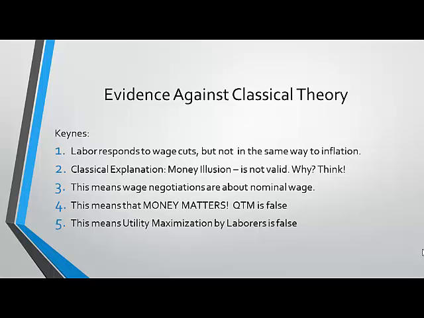If money is only proportional to price, then money doesn't matter, and this is what you have been taught, that money is neutral, and so the quantity theory of money is false in the labor market. Also, utility maximization by laborers is false. So actually, what Keynes discovered is cutting at the root of microeconomic theory.